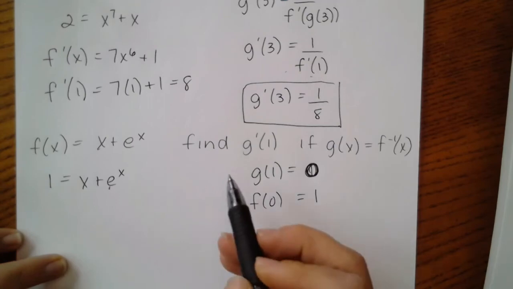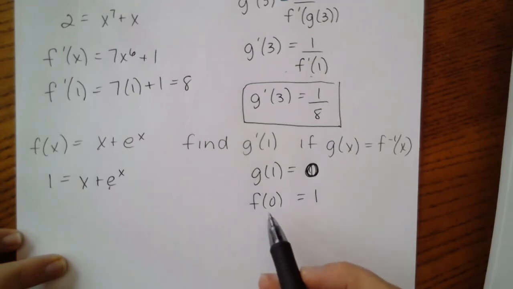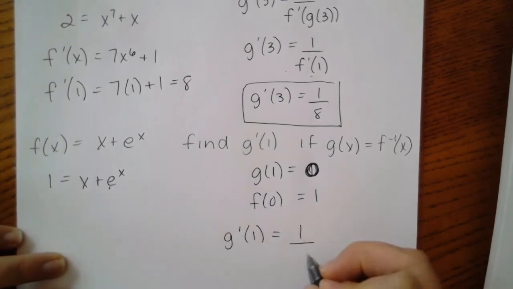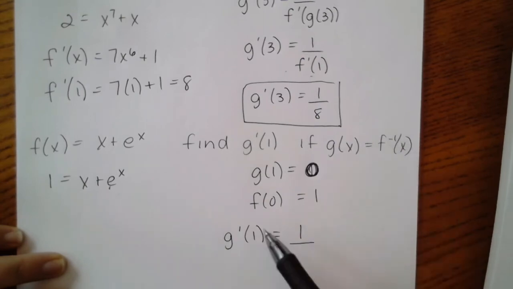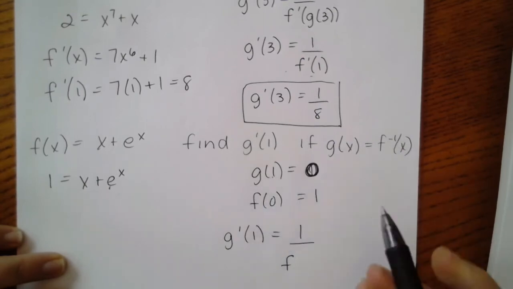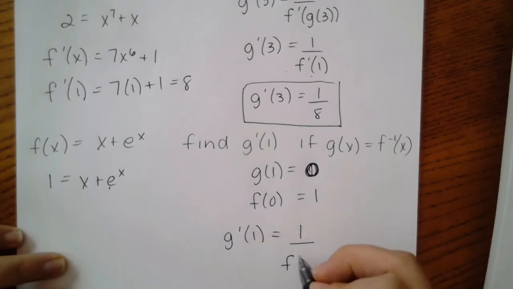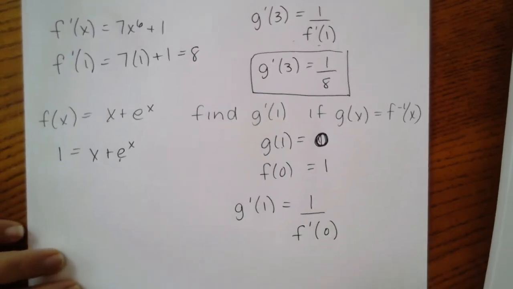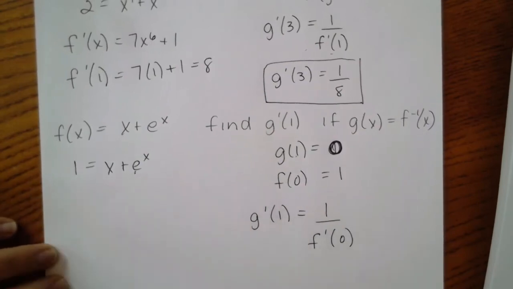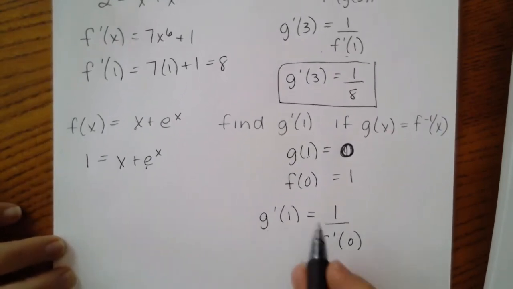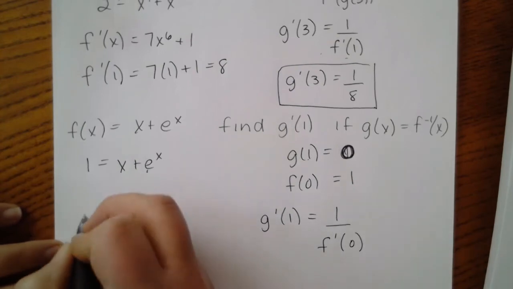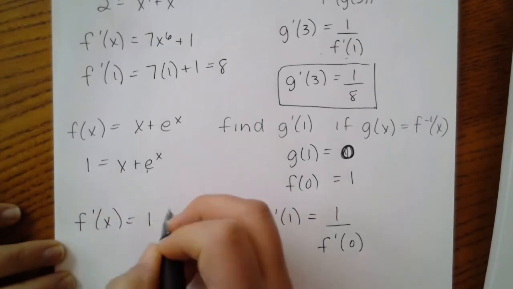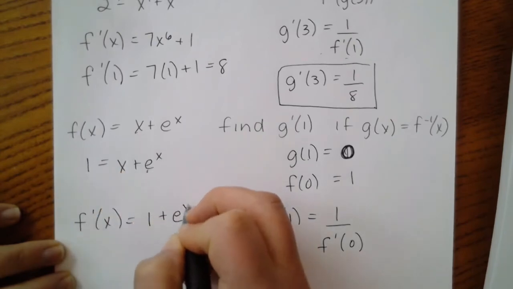Okay? So if g of 1 is 0 and f of 0 is 1, then I know that g prime of 1 is equal to 1 over f prime of g of 1, but g of 1 is 0. So that means I have g prime of 1 is equal to 1 over f prime of 0. Okay, so let's find f prime first. f prime of x means I'm going to have the derivative of x as 1, and I know that the derivative of e to the x is e to the x.